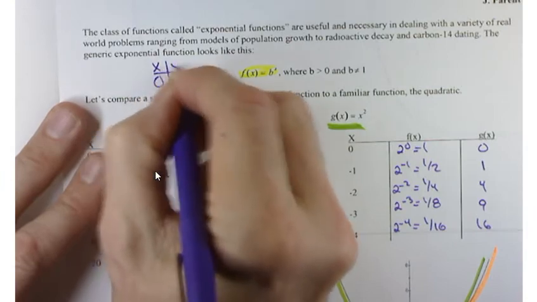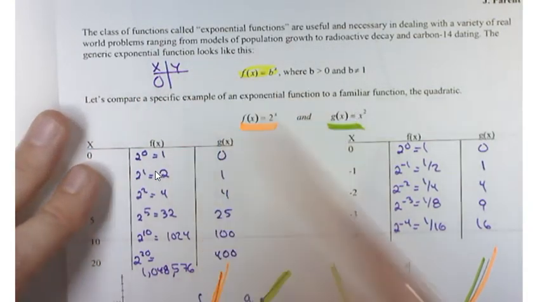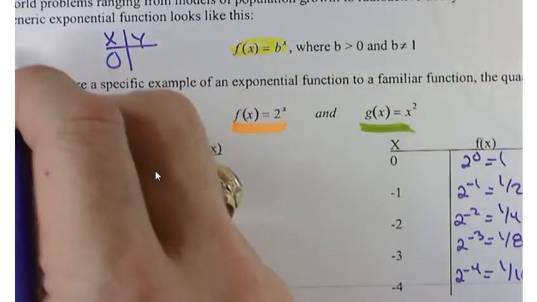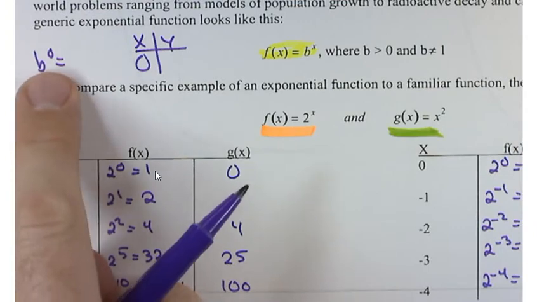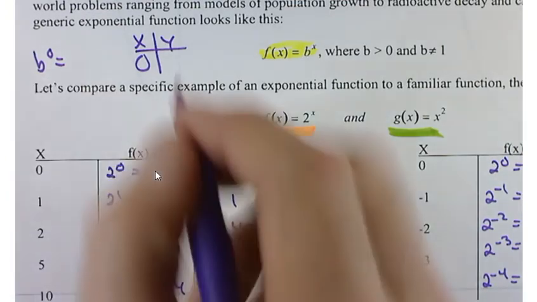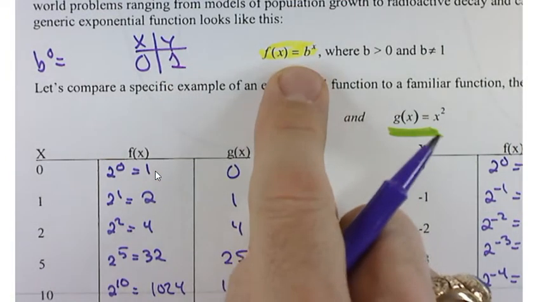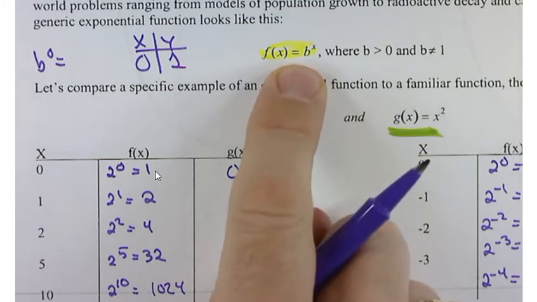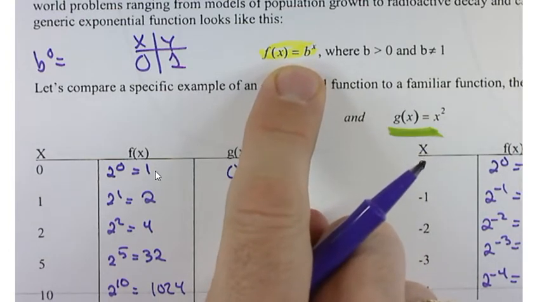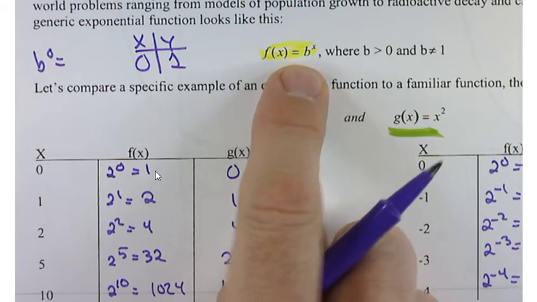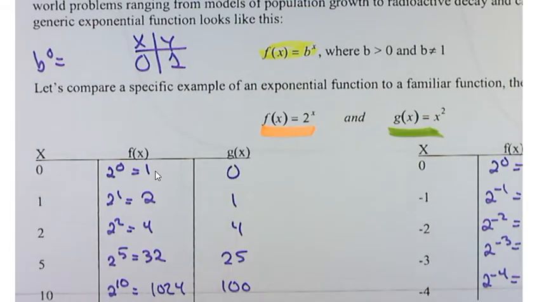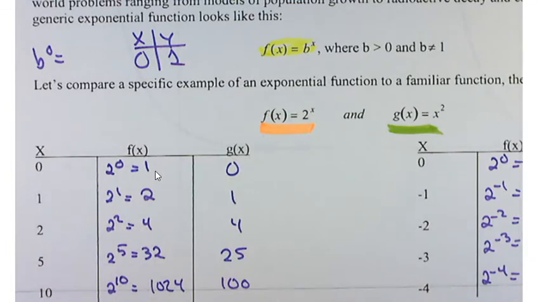If I set x to 0, then I'll get b to the 0 power. What's something to the 0 power? 1. So no matter what value of b you have for your graph, this graph is always going to pass through (0, 1). And that's the point that I'm going to want to see graphed accurately on all your graphs, because we're going to start translating these graphs, shifting them left, right, up, and down.